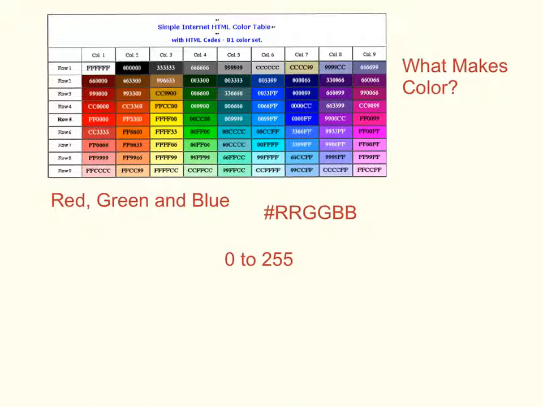So the higher the number, the more is present. If all three of these are 255, then we have the color white. So there could be from 0 to 255 present in red, 0 to 255 present in green, or 0 to 255 present in blue.